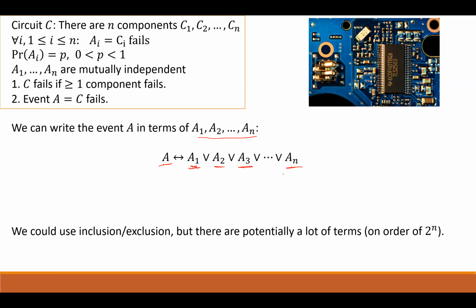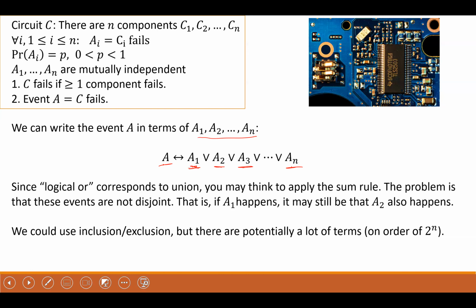All right, so this is a trouble spot for us. We can't exactly use our independence. This corresponds to union, and as mentioned, at this point you might be tempted to use the sum rule. But if you go back to the underlying sample space, these are not disjoint.